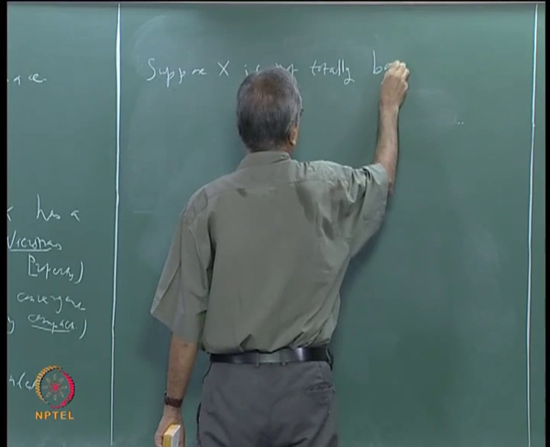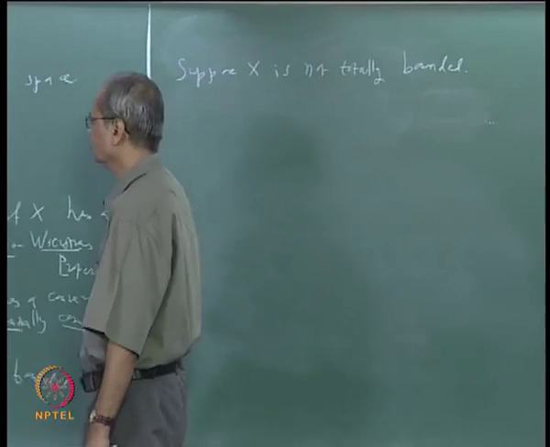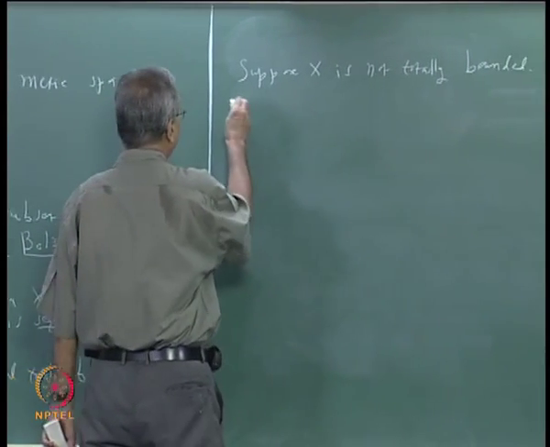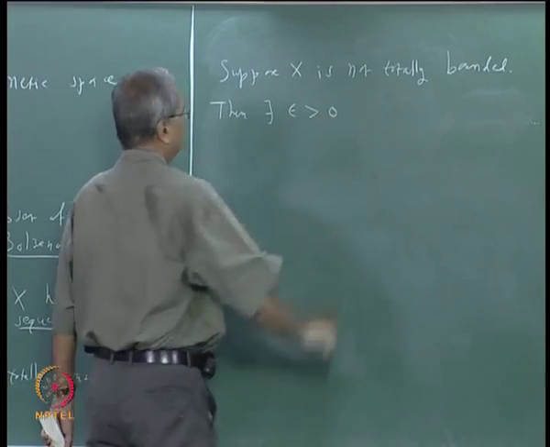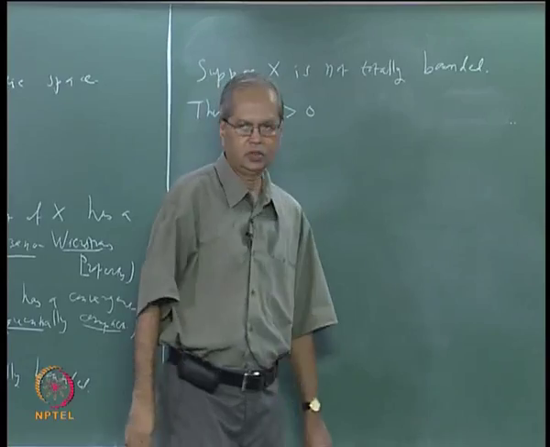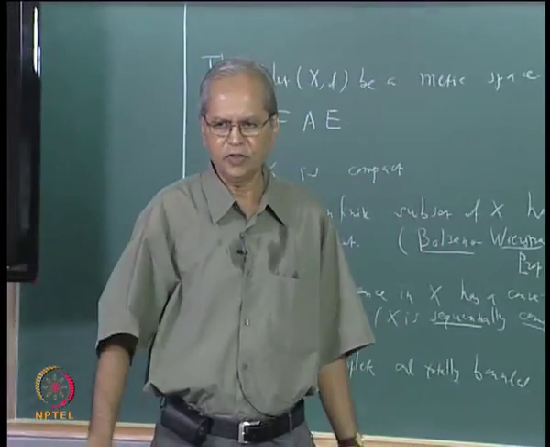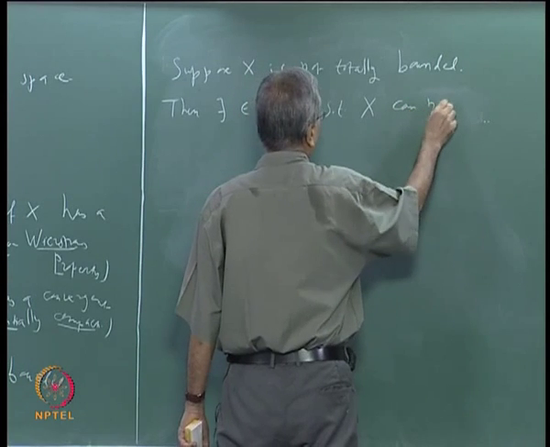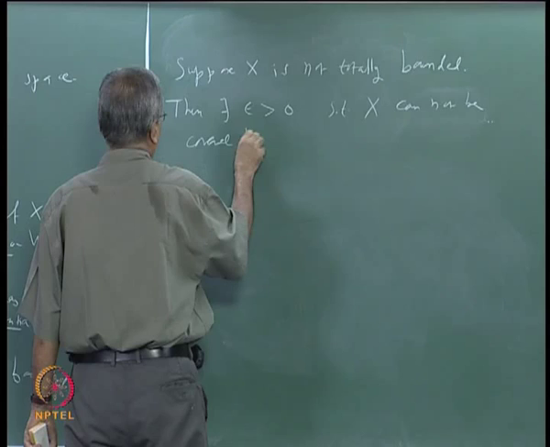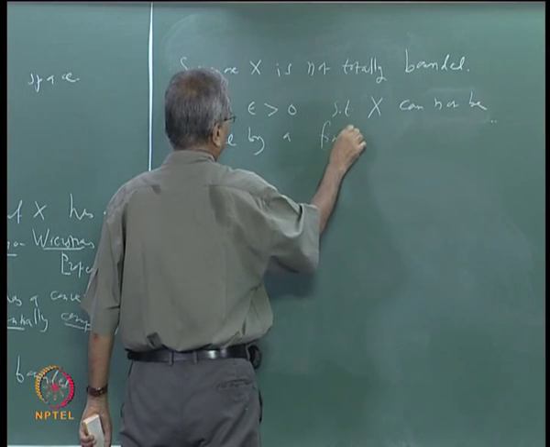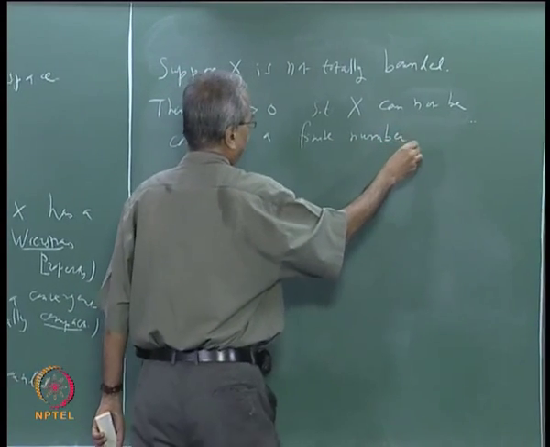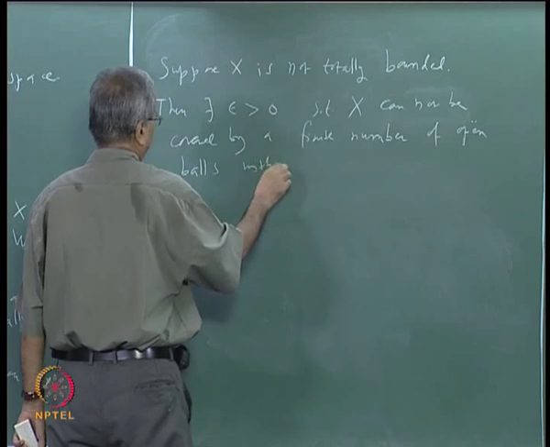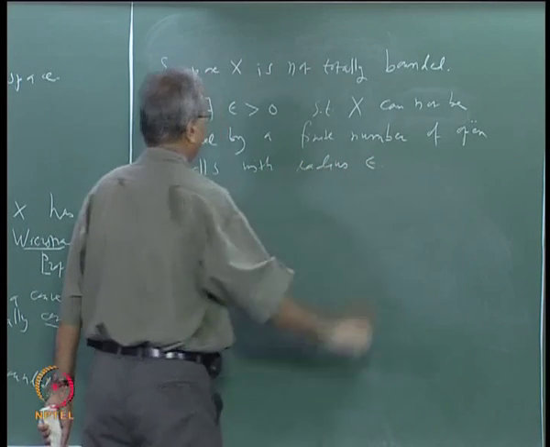Then there exists epsilon such that whichever finite family of open balls of radius epsilon you take, that will not cover X. Then there is epsilon such that X cannot be covered by a finite number of open balls with radius epsilon.